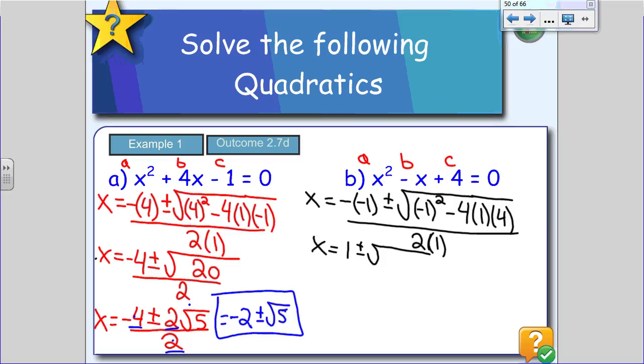If you do negative 1 squared without brackets, it tells you it's equal to negative 1. If you do negative 1 squared using brackets, it tells you it's equal to positive 1. You definitely want it to be equal to positive 1. So those brackets matter. So it'll change to 1 minus 4 times 4 is 16, so you get negative 15.